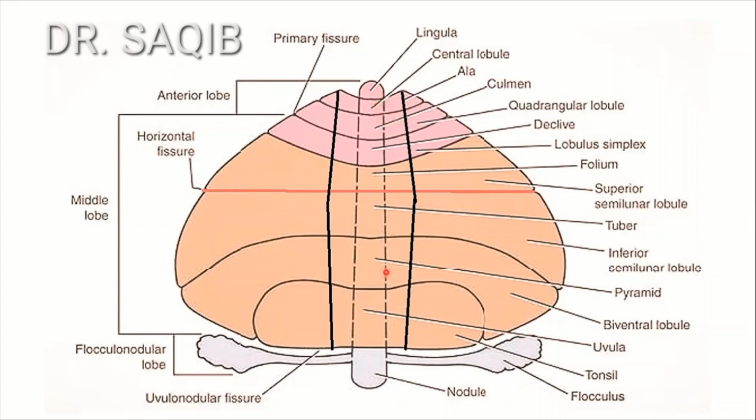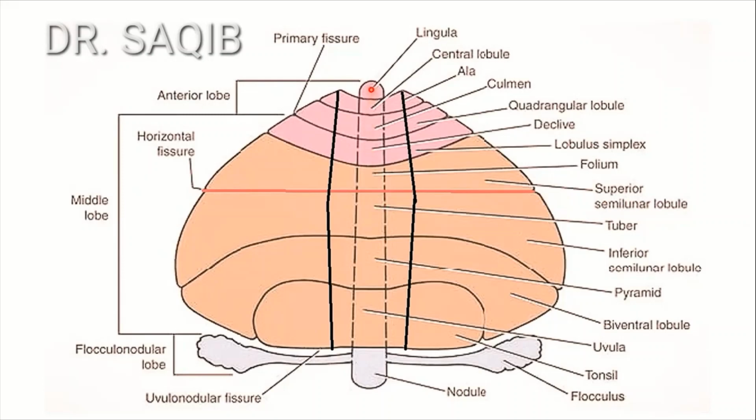The parts of the vermis corresponding to these parts on the hemisphere: the lingula has no corresponding part on the lateral zone, and the central lobule has the ala on the lateral lobe, and the culmen has the quadrangular lobule, and the declive has the lobulus simplex, and the folium has the superior semilunar lobule, right?